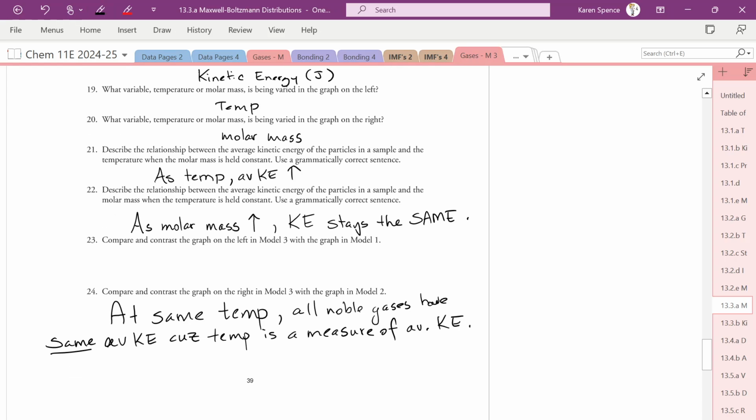So it makes sense that if the temperature is the same, the average kinetic energy is the same because they're the same thing, essentially. Temperature is just one way of measuring it. At the same temperature, though, the heavier molecules move slower and the lighter molecules move faster.